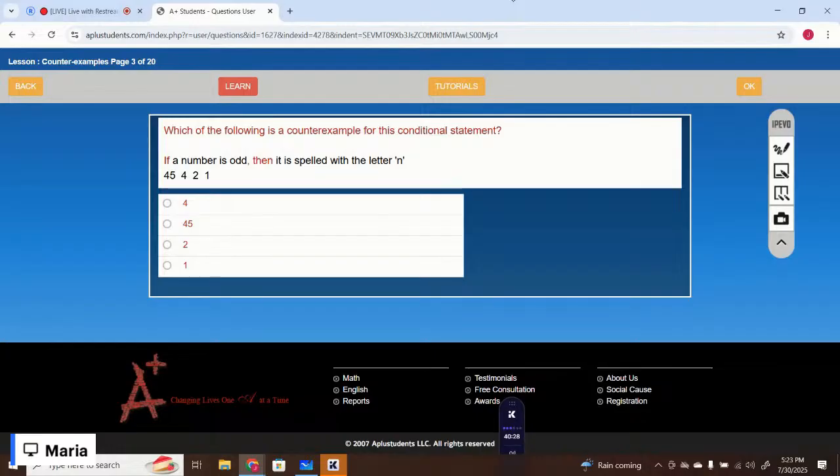Which of the following is a counterexample for this conditional statement?